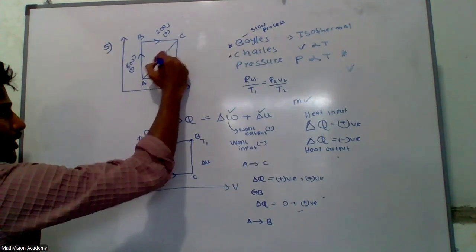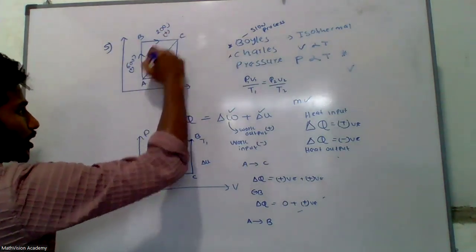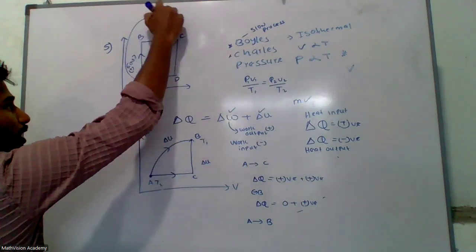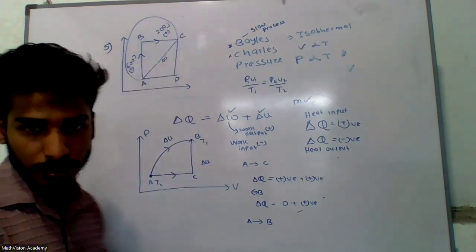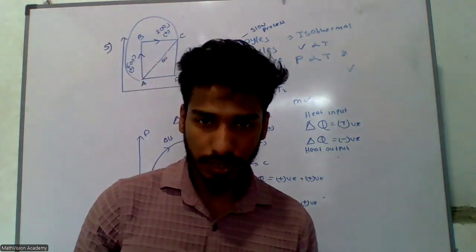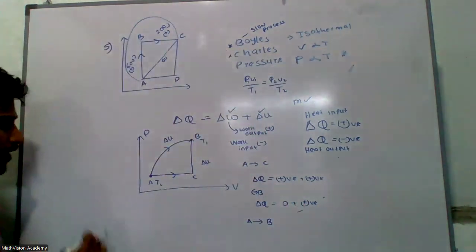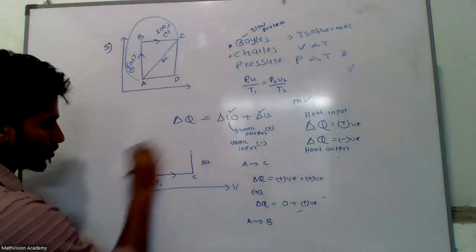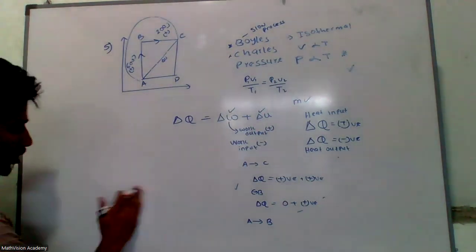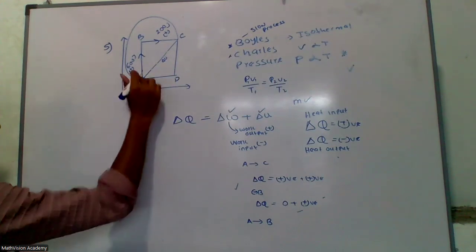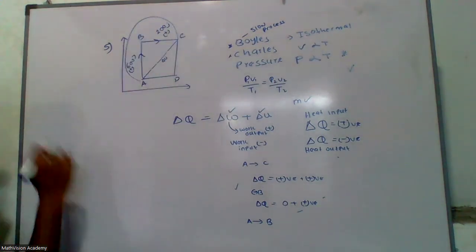So the internal energy change from A to C is also the internal energy change from A, B, C as well. That's the idea you have to figure out first. So now let's find it. Internal energy change from A to C has to be found.